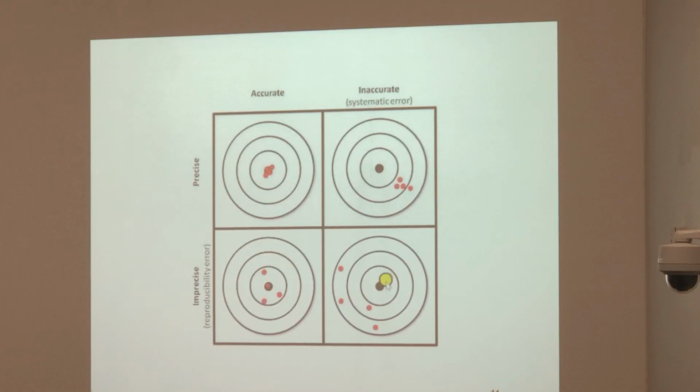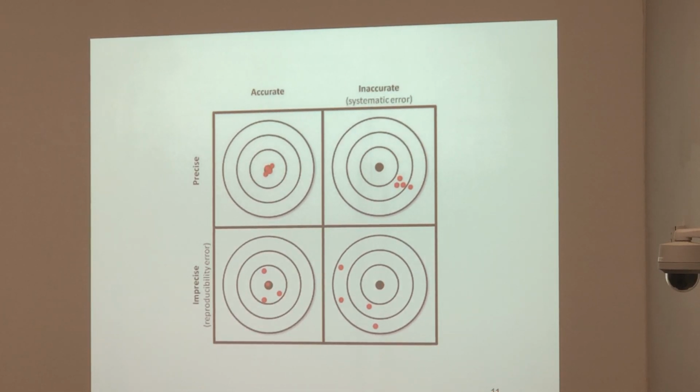This one is inaccurate and not precise. So only this is very accurate and very precise. Accurate refers to hitting the target at the same point. Precise is that you can reproduce the same result even though it's not at the same accuracy. So this is precise, this is accurate. Things like this are examples of the terminology or definitions that you all need to read and try to understand, okay?